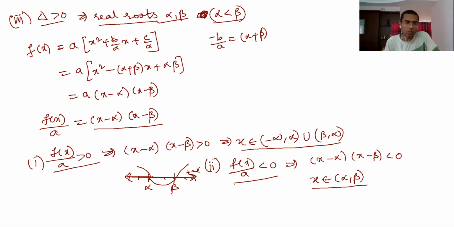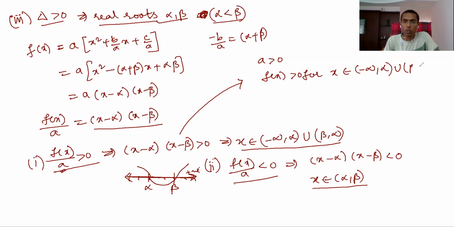From this what you get is f of x and a: if f of x is positive, a is positive here. That means in this case, if a is positive, then f of x becomes positive for x belongs to minus infinity to alpha union beta to infinity.